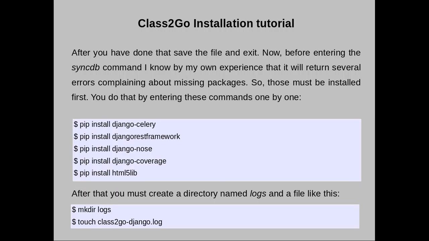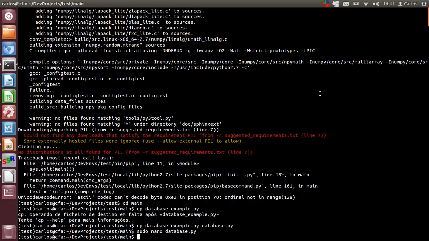Now, before entering the syncdb command, I know by my own experience that it will return several errors complaining about missing packages or modules. So, those must be installed first. You do that by entering these commands one by one, which I'll do right now.